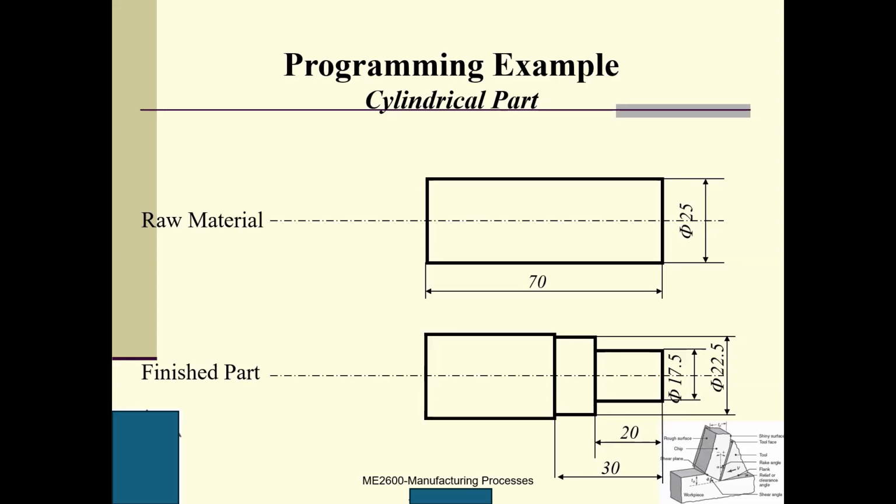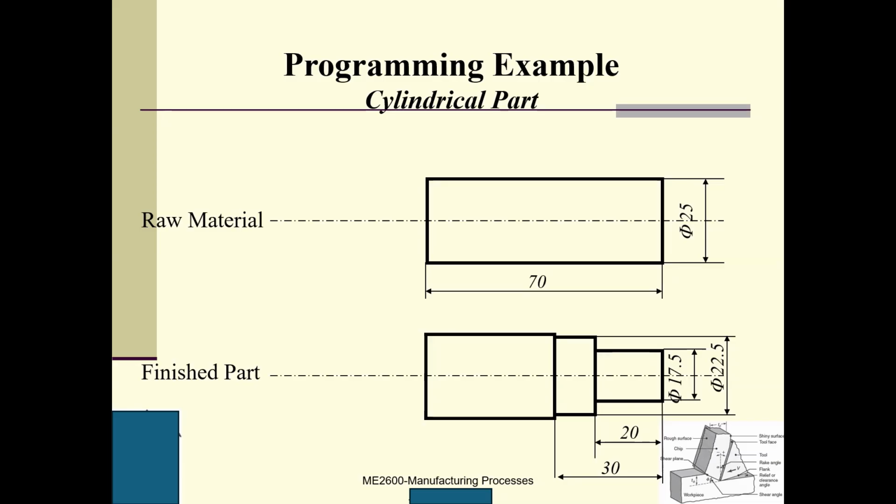Now, I want you guys to write the G code and M code to automate this processing, using turning. You know what I'm going to do, right? This is a bar, round bar. This is my raw material. This is my final product. I want to write the G code, M code. Yes, we can make this a CNC order.